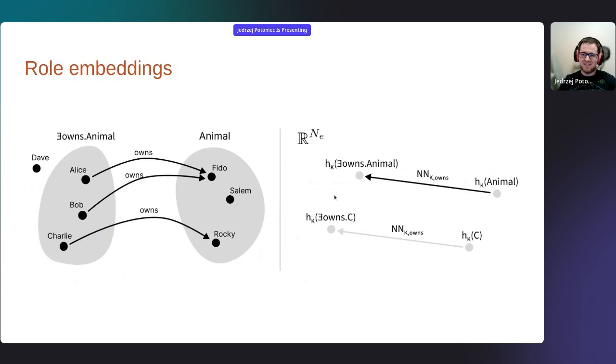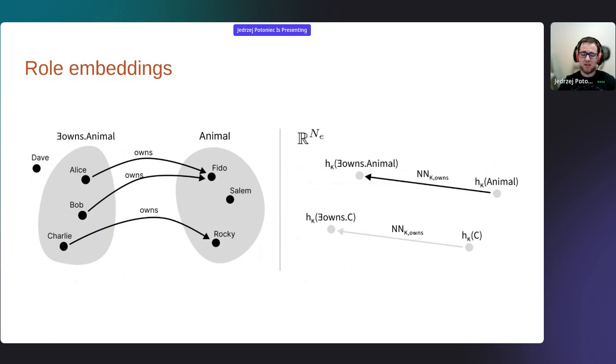Instead, we decided to concentrate only on roles and concepts, and for every role, we train a separate neural network, a separate, again, linear layer, which basically represents the existential quantifier for this particular role.